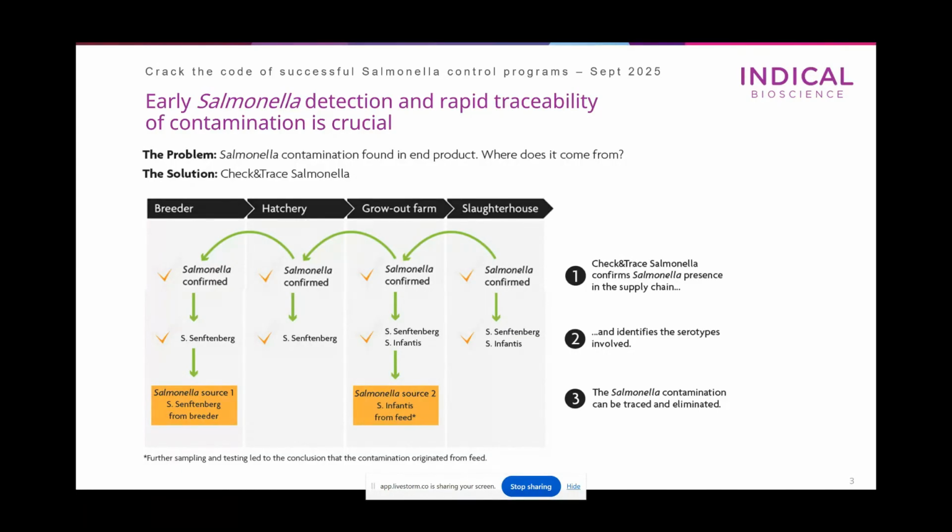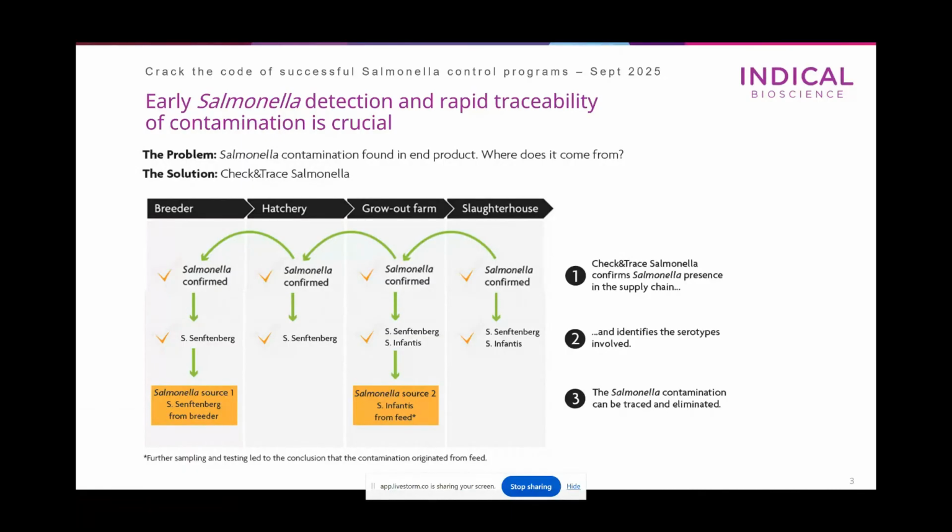And we continue the tracing back to the hatchery and the breeder. Through the testing and sampling, we find out that we have two different salmonellas contaminating the production chain, which were Infantis and September.